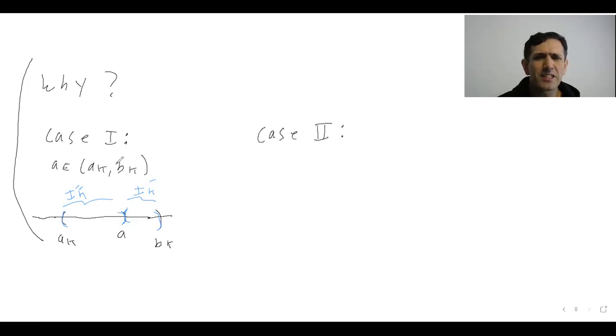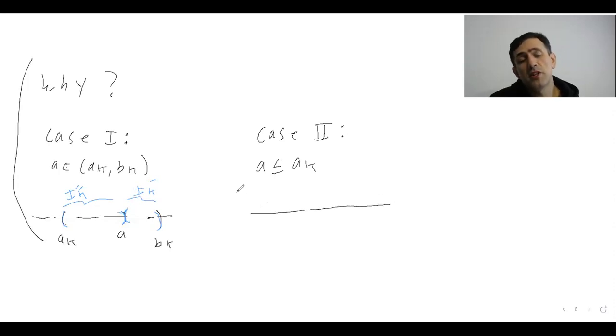Well, if A is not in this interval, then either A is less than or equal to AK. Let's do that case. Or A is bigger or equal to BK. So basically, this isn't really a proof.